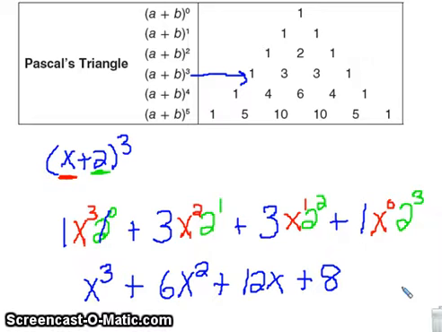Some of you may still be stuck in the, well, I want to do it using the box method. But in reality, the whole point of this is to see if you can apply the pattern that we have found in our binomials. So, if we had x plus 2 to the 7th, and you wanted to do x plus 2 times x plus 2, and then multiply that by x plus 2, and then multiply that by x plus 2 over and over, you are going to have probably hundreds of places that you could make one mistake.